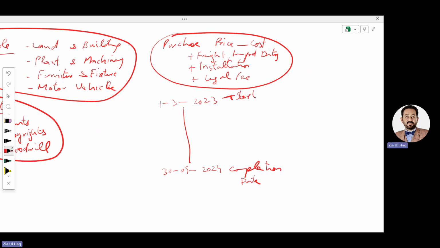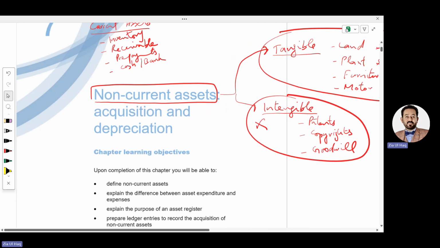All the expenditure incurred between start date and completion date should be capitalized, and expenditure incurred after completion date should be expensed out, meaning treated as revenue expenditure, because it is of revenue nature. Is it fine? Okay, let's discuss a few things.